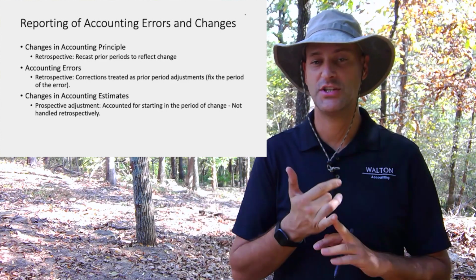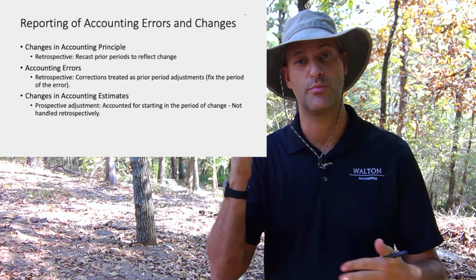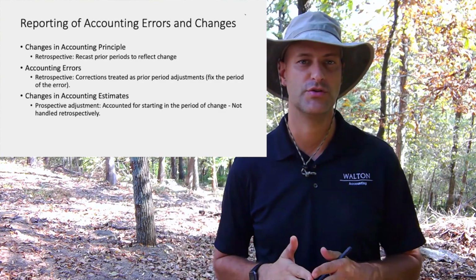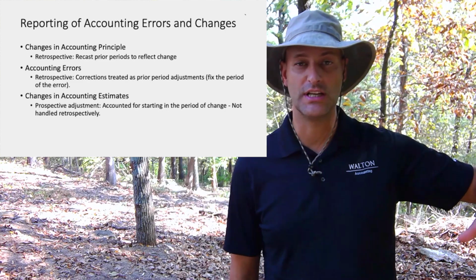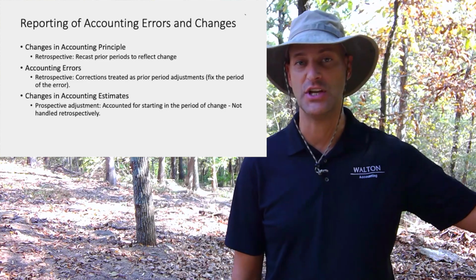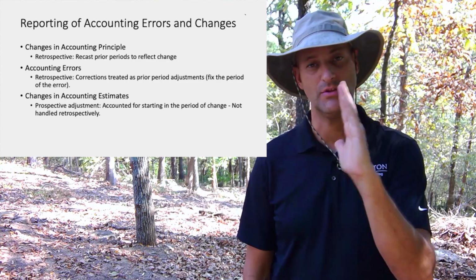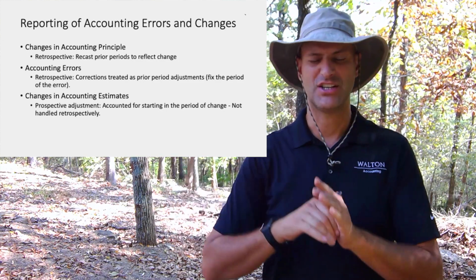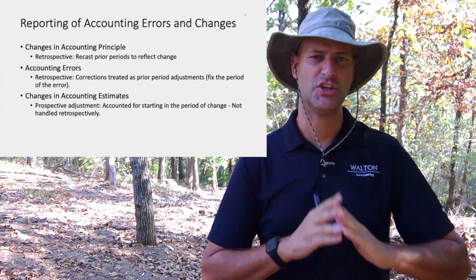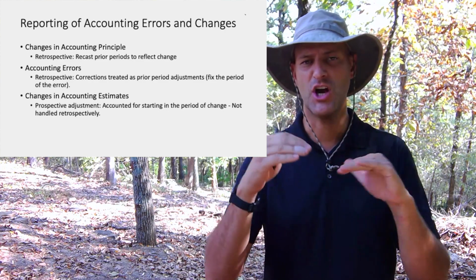So if we have a change in a principle, or we select a different accounting principle, say we change our inventory method or something, what we do is we go back to basically the earliest financial statement being reported, we change it there so that we have comparable financial statements going forward. And that way, let's say you look at the set of financial statements and it has last year's and this year's net income and cost of goods sold in there.